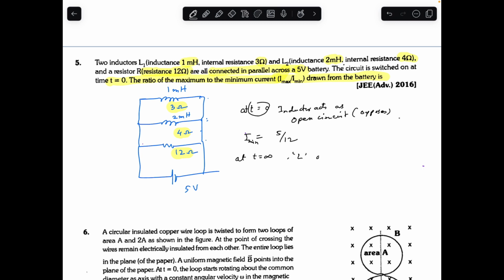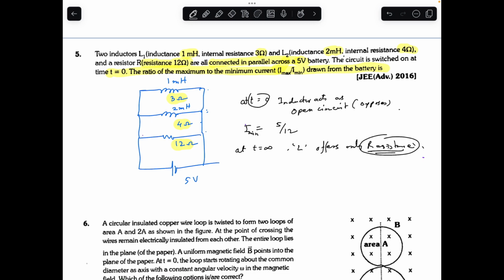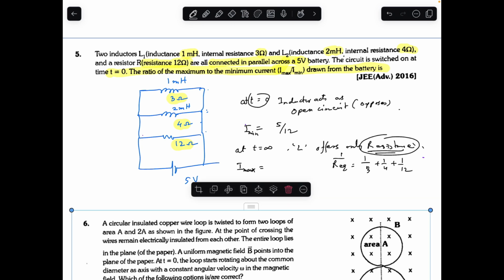At t equal to infinity, the inductor offers only its resistance. It acts as a simple wire, but there is a resistance of the inductor also, so it will have only resistance. Otherwise, the inductor has no effect. So at t equal to infinity, current will be maximum because then resistance will decrease. So what is R equivalent? 1 by R equivalent will be 1 by 3 plus 1 by 4 plus 1 by 12.